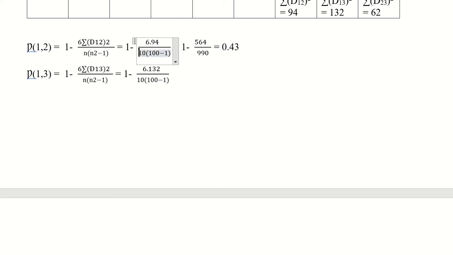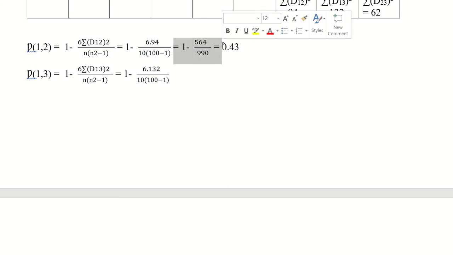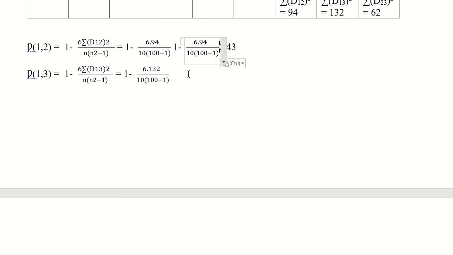Now similarly, we will apply the values for the second one. So 6 into 132 is 792 and the denominator would remain same, 990. So the answer is 0.2.